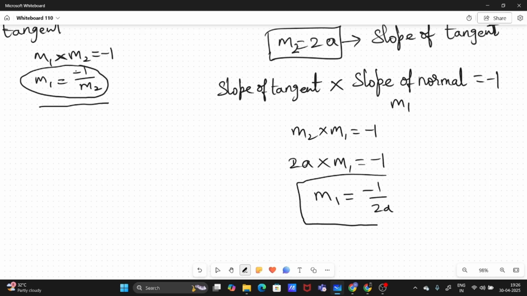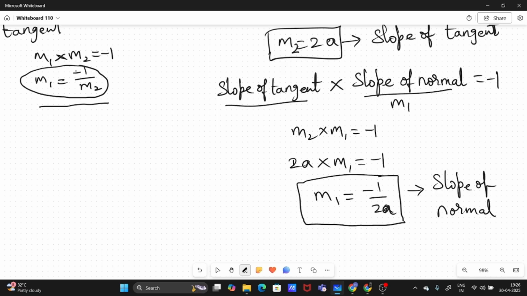If you have any doubt, please comment or approach me. This is your slope of normal. I used the slope of the tangent to find the slope of the normal. That's the relationship between tangent and normal.